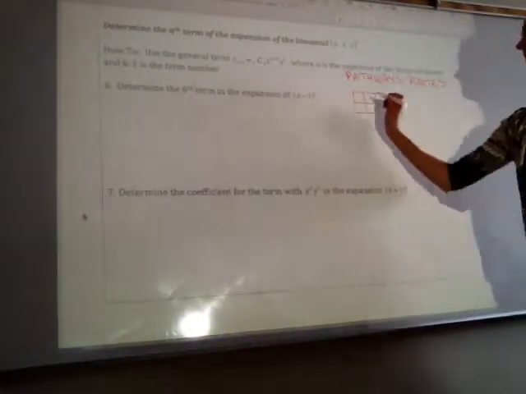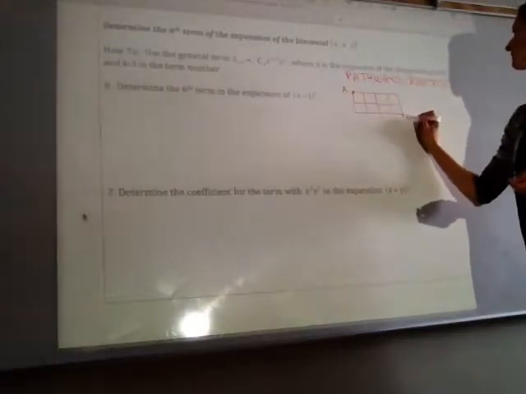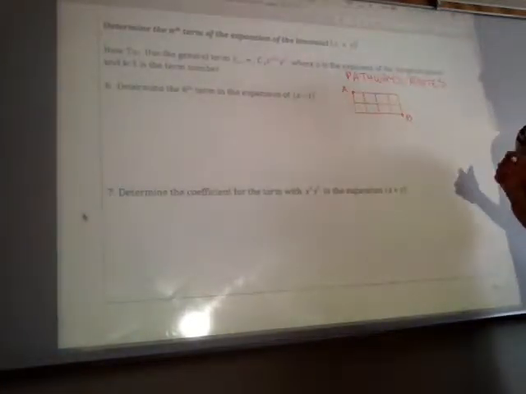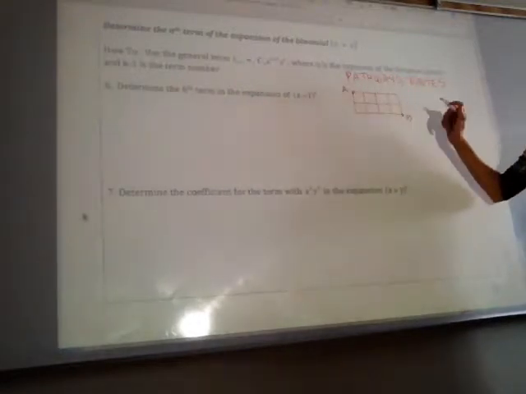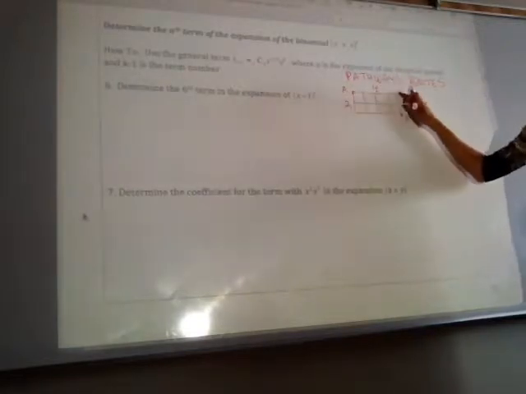So let's start easy. Let's go from A to B. Yes, I could use Pascal's triangle on this, but it's probably easier just to use permutations here. So going to the east, if I'm trying to go from A to B, there's 4 units east, and I have 2 units south.